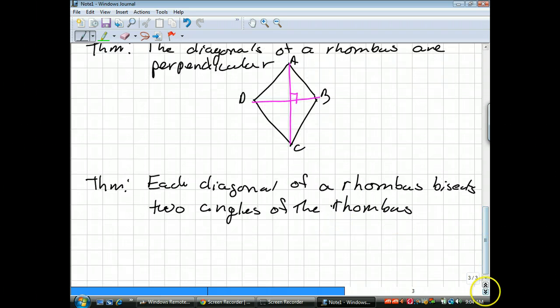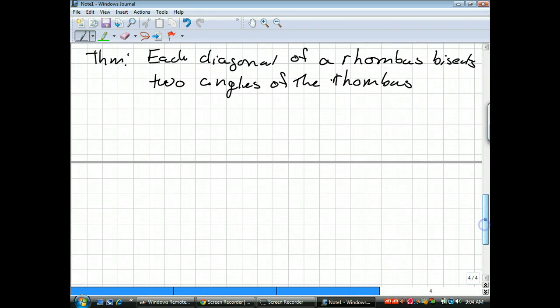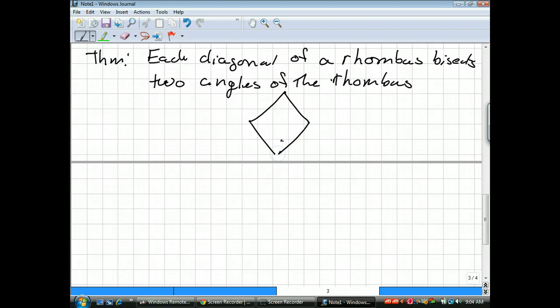So in other words, if I have this rhombus and I have the diagonals, then if this is ABCD, then this angle is bisected and this angle is bisected, and we know that those are all congruent to each other because opposite angles of a parallelogram are congruent.